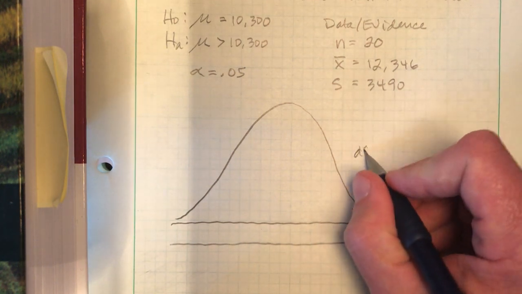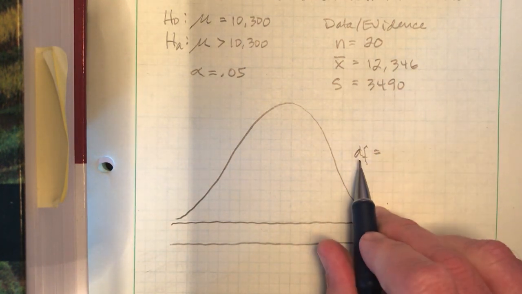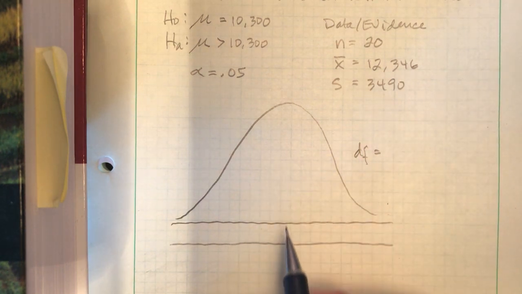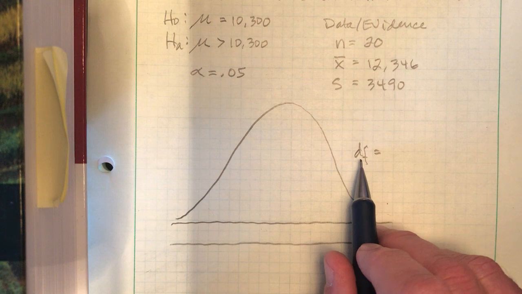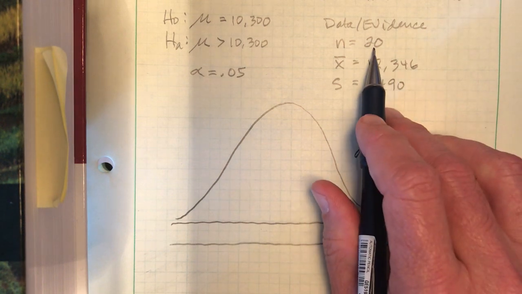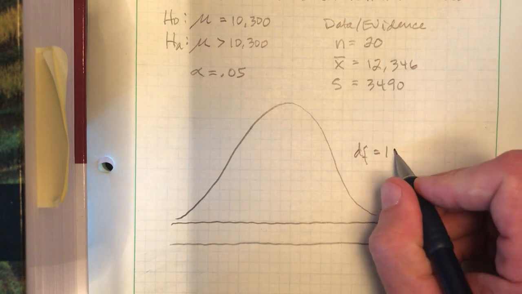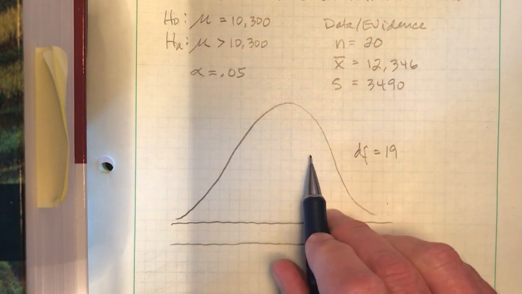One thing I like to do on my sketches, there is a concept called degrees of freedom that helps remember this is related to a T-curve. The degrees of freedom is simply the sample size minus 1. 20 minus 1, 19. And so that reminds me this is a T-curve.